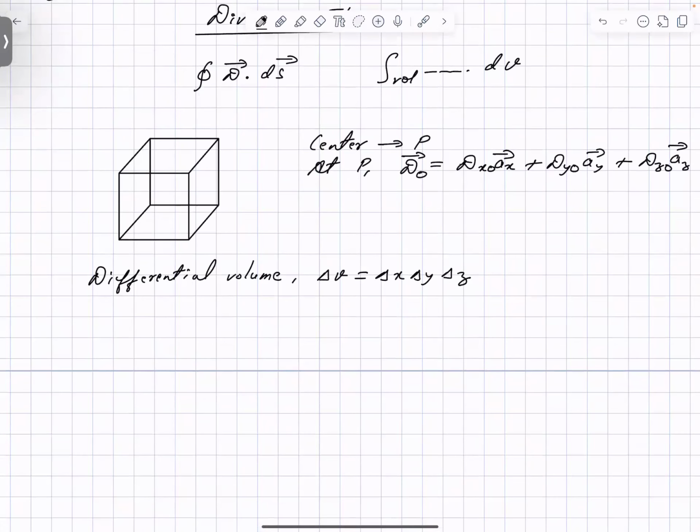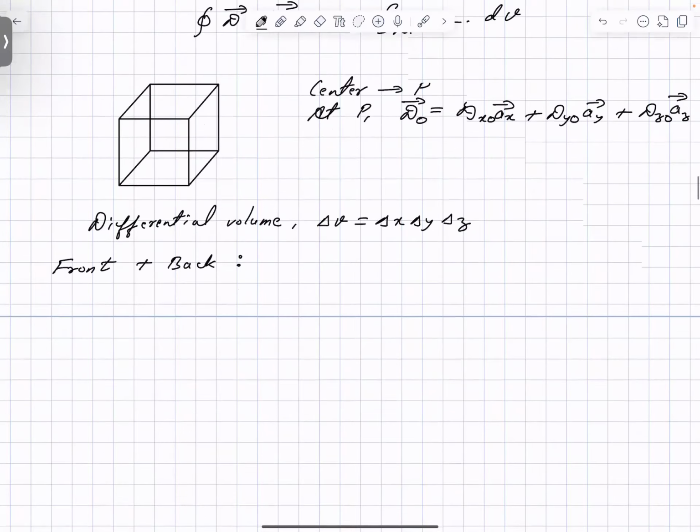Now, what we'll consider is the total flux coming out of the volume. And the process is very similar to what we did in the problem that we just solved. So we'll consider the front surface and the back surface first, front plus back.